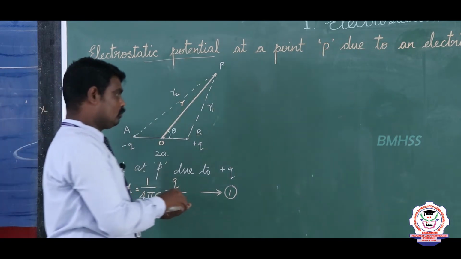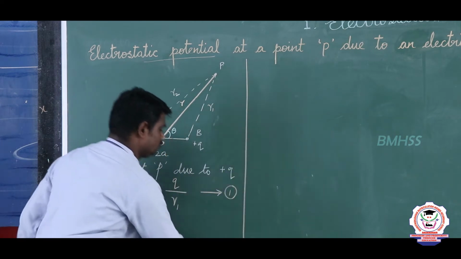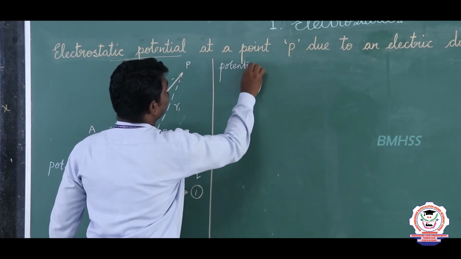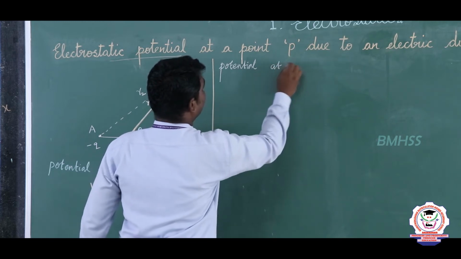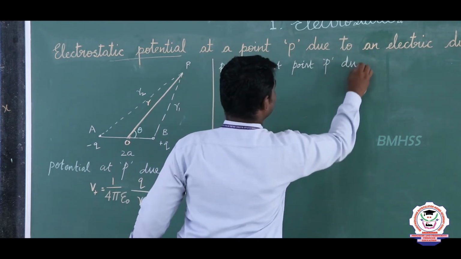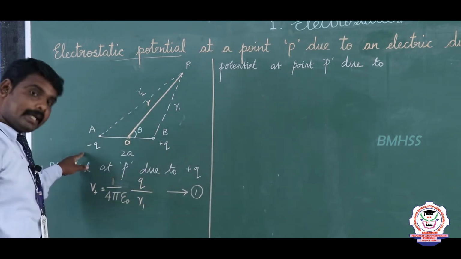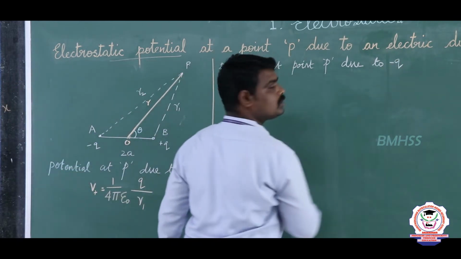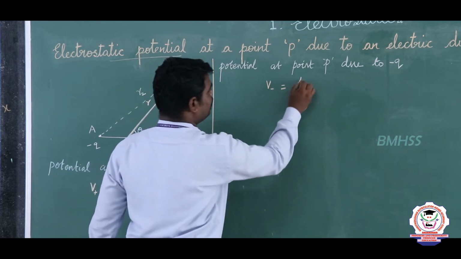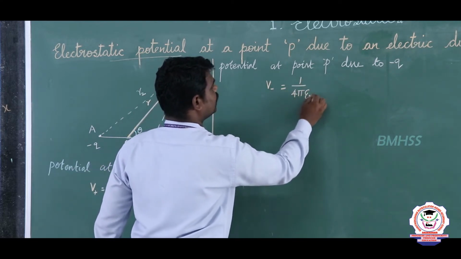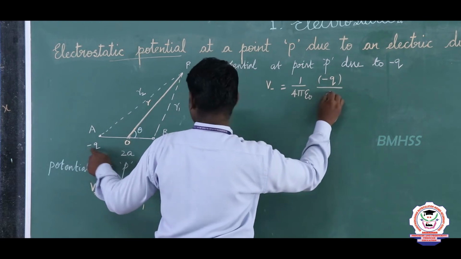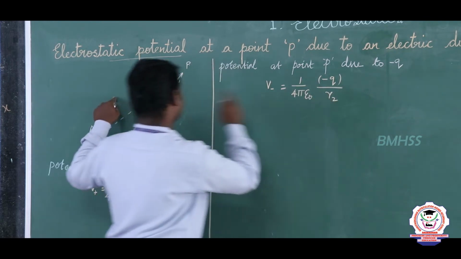So, V minus is equal to, same formula, 1 by 4 pi epsilon naught q by r, but here the charge is the minus q charge, divided by the distance r2.